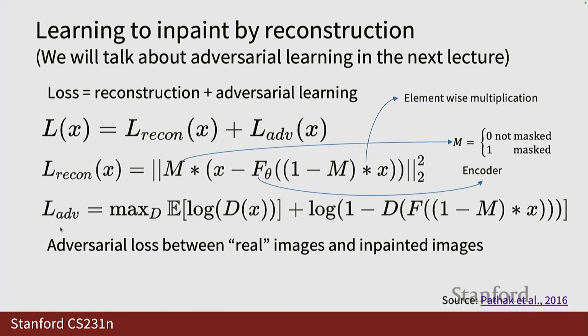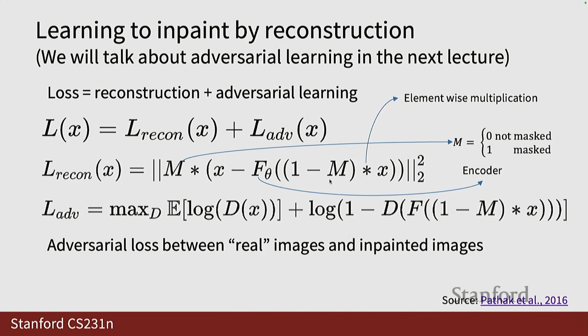which I'm not going to go into details because this is a topic of discussion for the next lecture, generative models. But generally, how these frameworks work, we have a reconstruction loss, and the reconstruction loss is basically calculating the difference between the image X and the image after it's passed through the encoder.